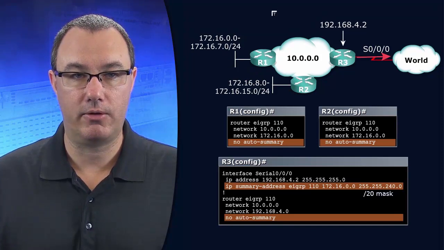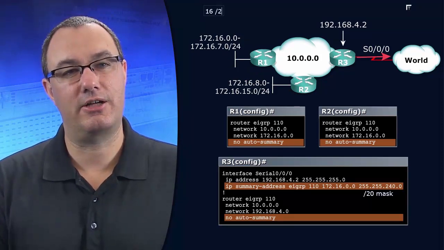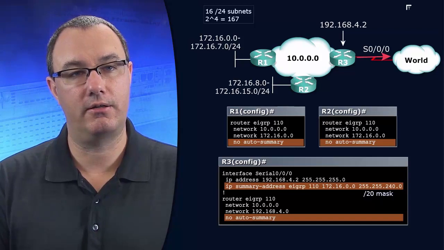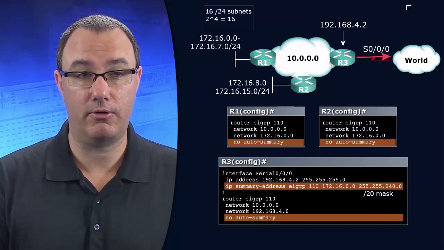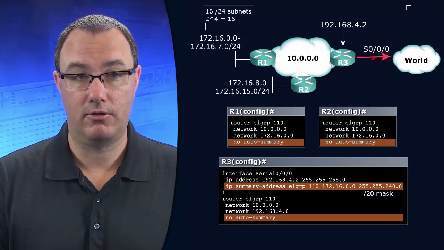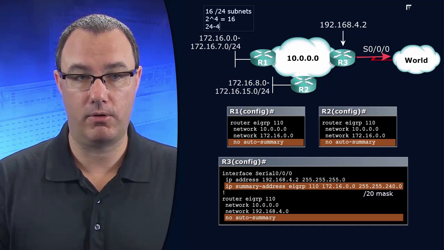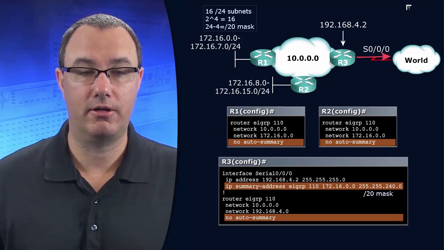And so I would count 16 /24 subnets. I know that 2 to the 4 equals 16. And I know I need to dial back my mask by 4 bits. So we go from a /24 reduced by 4, which equals a /20 mask.